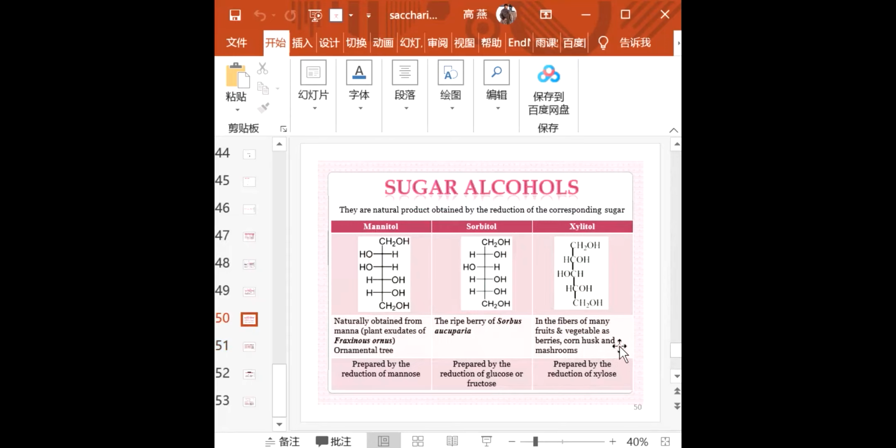mushroom. Similarly, it's prepared from reduction of xylose.